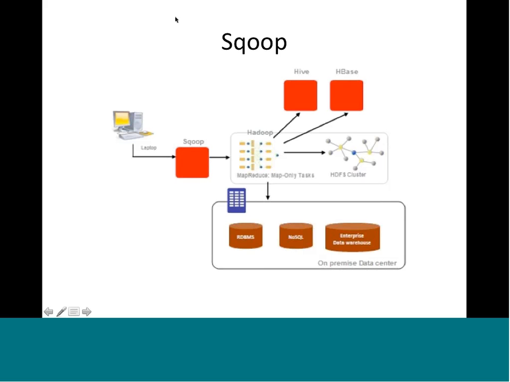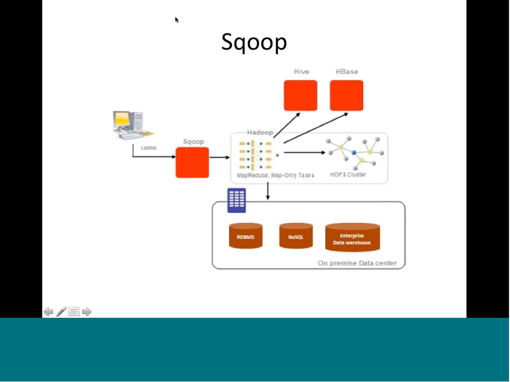No, I'm not talking about those tools. Those tools are specific to a particular architecture or a particular environment. I'm talking about bringing data from all these structurally aligned data providers like RDBMS, NoSQL, enterprise data warehouse into your Hadoop layer. This is what I'm talking about.